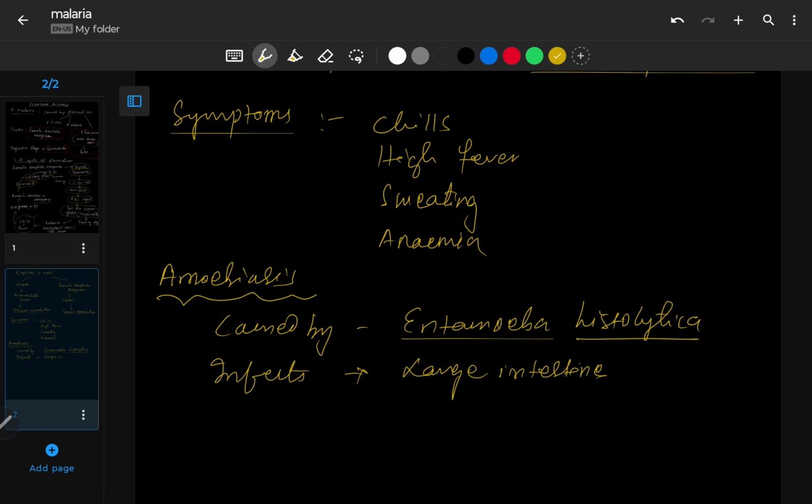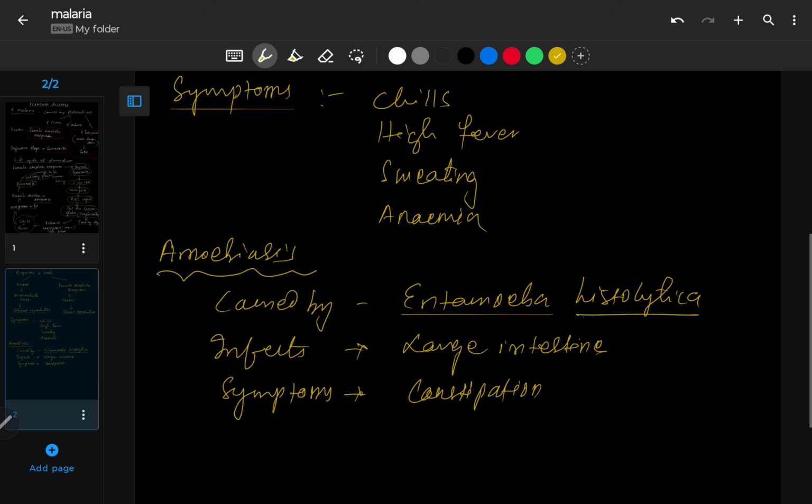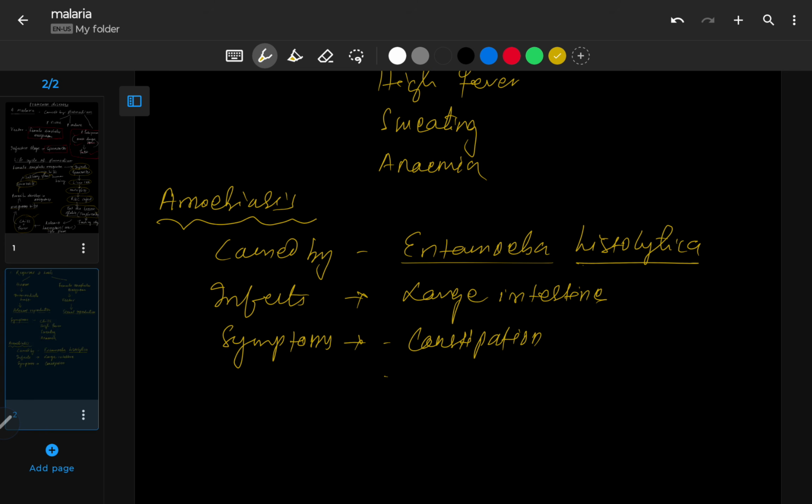The symptoms include constipation, abdominal pain, blood in stool, both blood and mucus in stool.